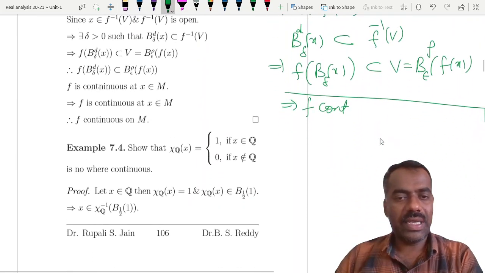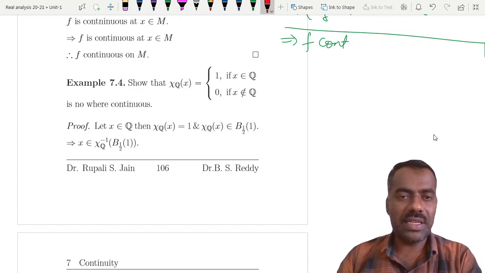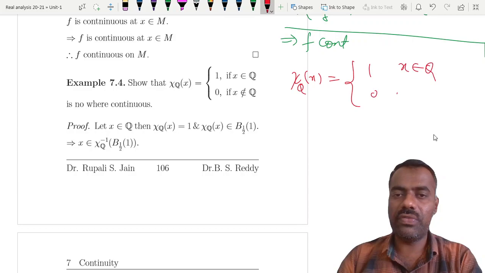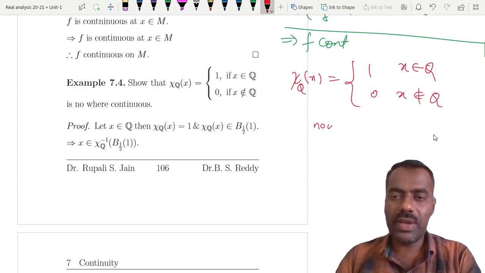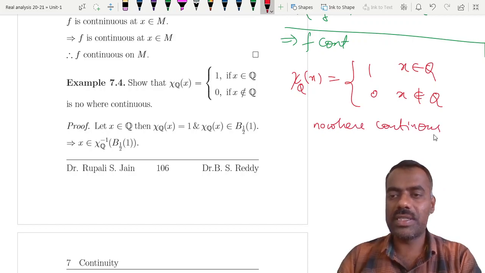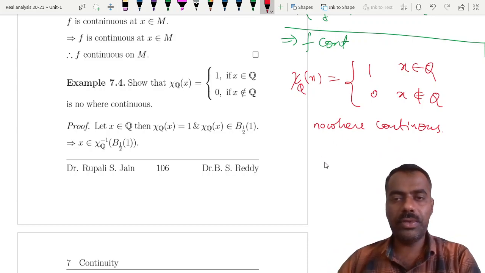Now we can quickly see one standard example which everyone might know: the characteristic function of Q, that is chi Q of x, which is 1 if x is a rational number and 0 if x is not a rational number. We can show that it is nowhere continuous. That means at no point is this function continuous. How can we prove this?